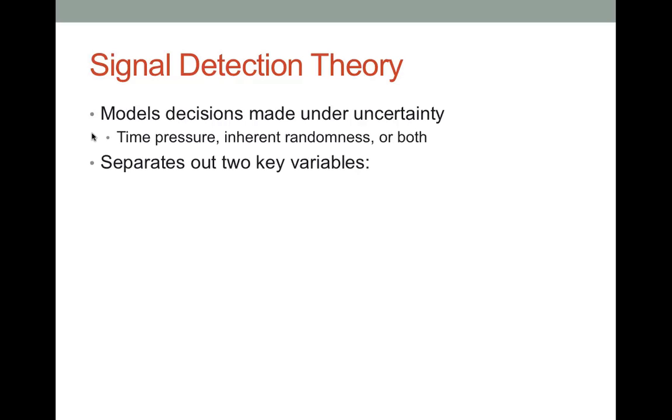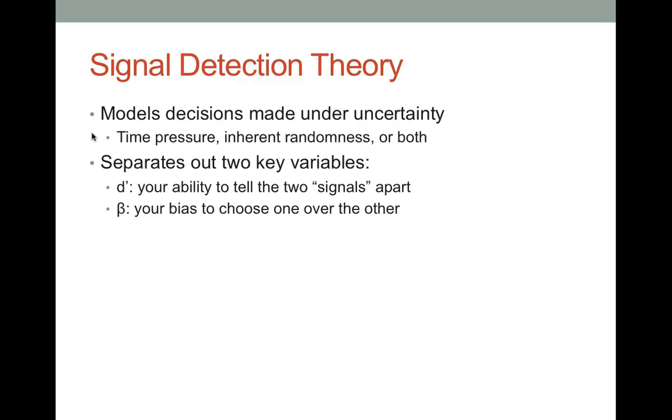And the nice thing that signal detection theory does is separate out two key variables from the decision-making process. These are what we'll call D prime, which is just D with a little apostrophe after it, and it's your ability to tell the two signals apart. We'll give you more information for what that means, but it's a basic measure of how difficult the task is.